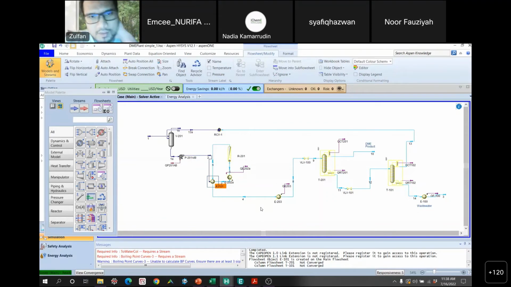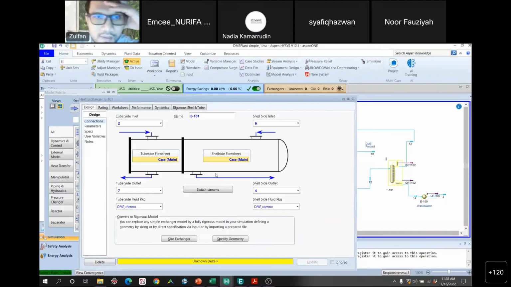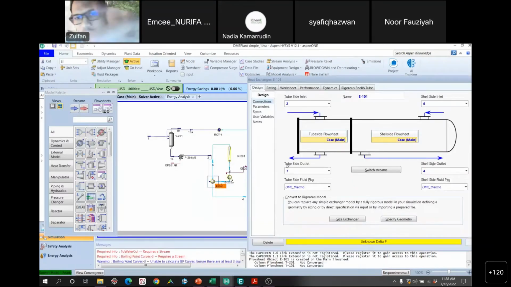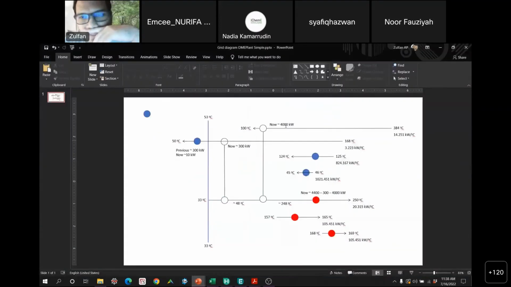Okay, so now if we look at this, we need to have certain degrees of freedom. We need to know how much we can recover. We have connected the streams like this, and then we need to know how much we can recover. For example, I'm doing it from this side first.